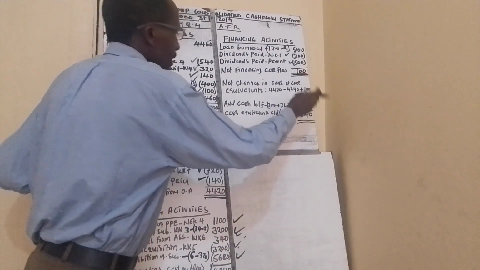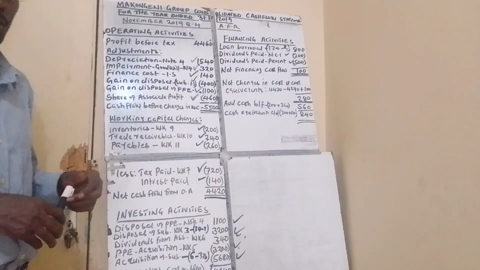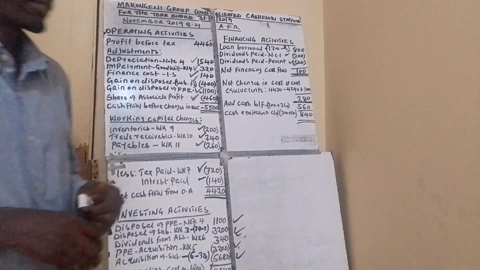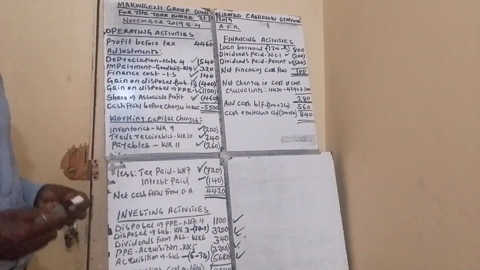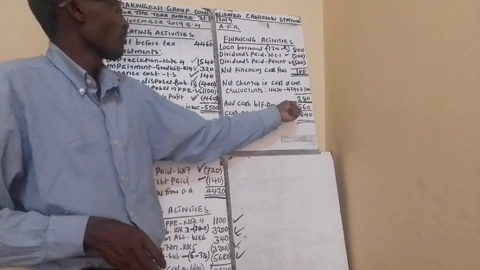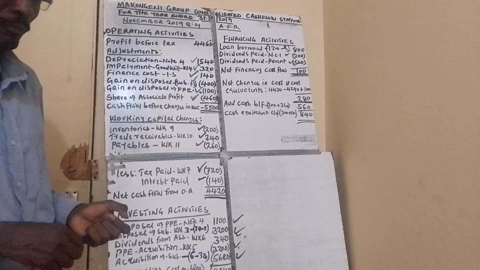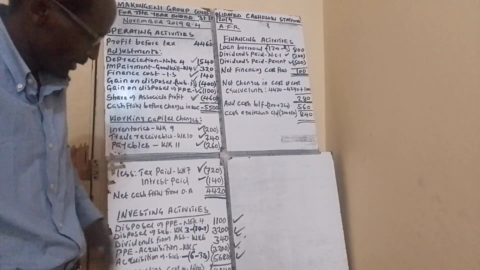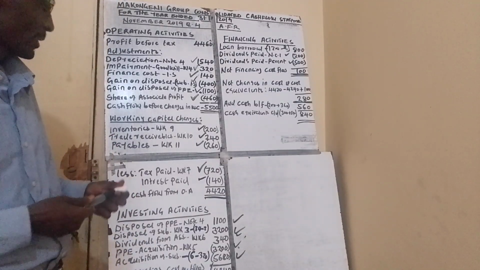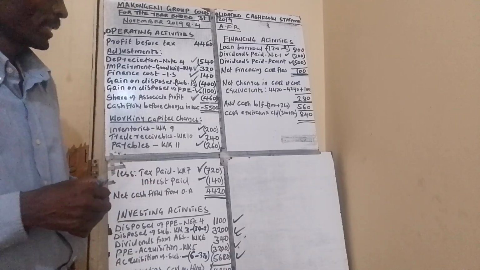And 840 is the balance carried forward for cash and cash equivalents. So you are able to reconcile the difference between 560 and 840. We are able to explain what brought about the difference between those two balances. So that is the end of our lesson for today.